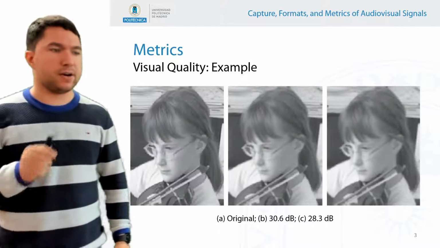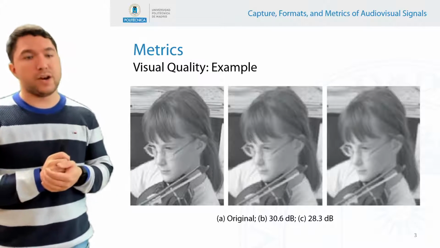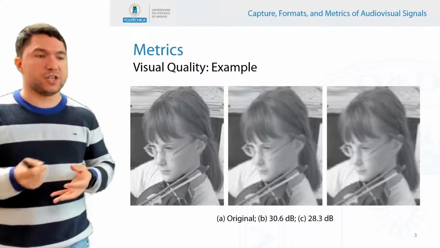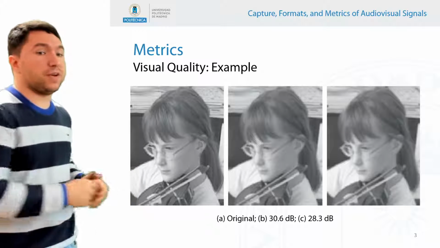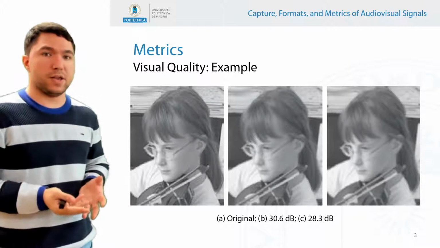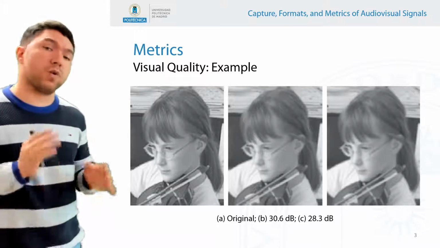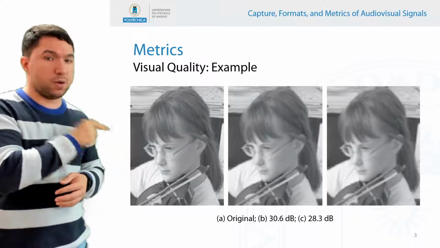So here we are going to compare the quality of 3 different frames or images. First of all, we always need to define the original image. Maybe the quality is not the best, but we are always going to compare the other versions with this one.